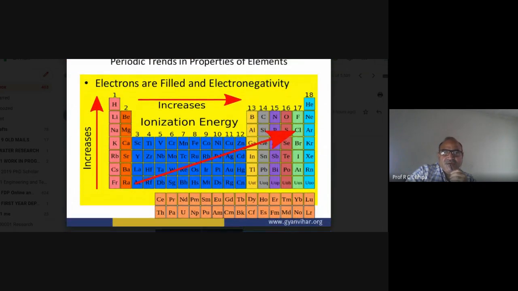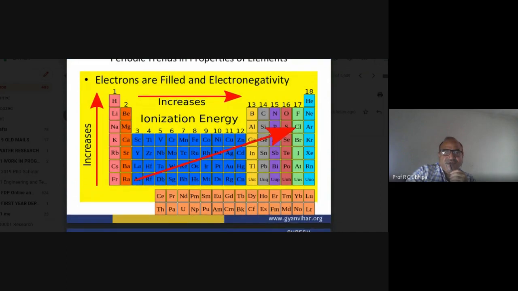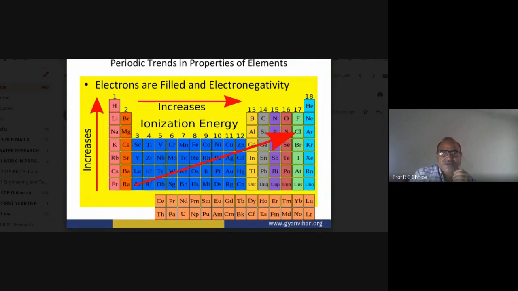Here is one more relationship: how electrons are filled, and then electronegativity increases. So here it increases from bottom to top, and the other property decreases.